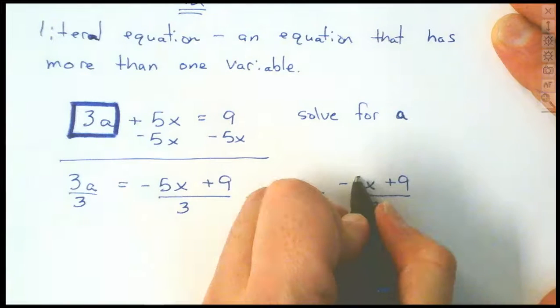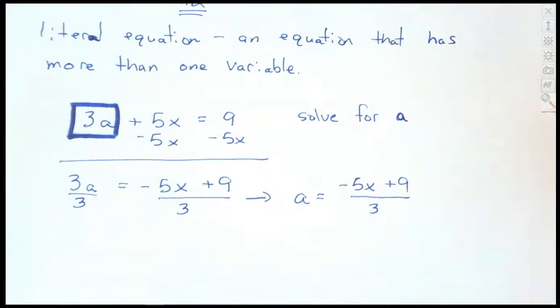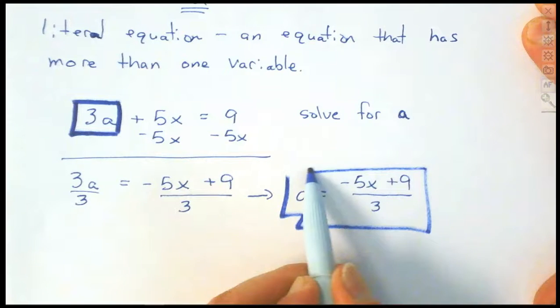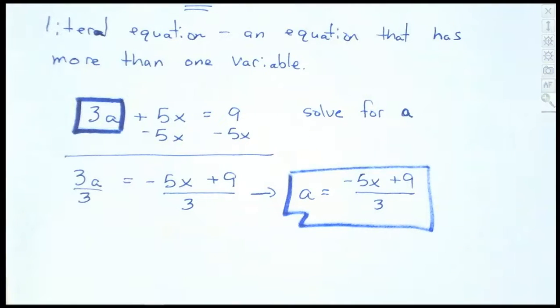And we leave it as a fraction, just like that. So it's going to stay exactly like that, nothing new. So we've got several variables here. We find what variable we're solving for. We get it by itself on the left-hand side.